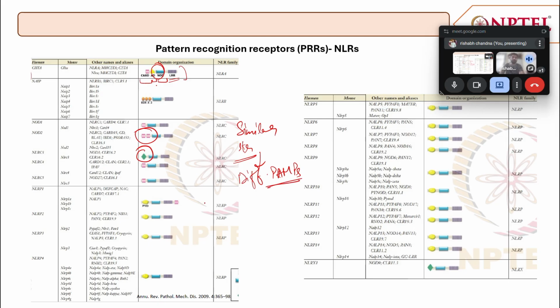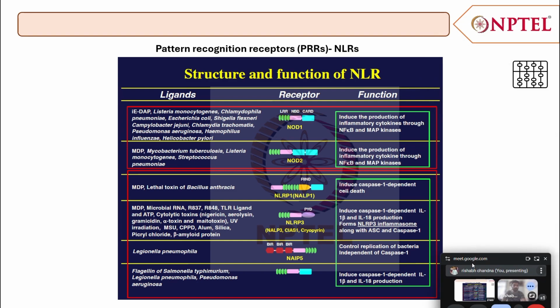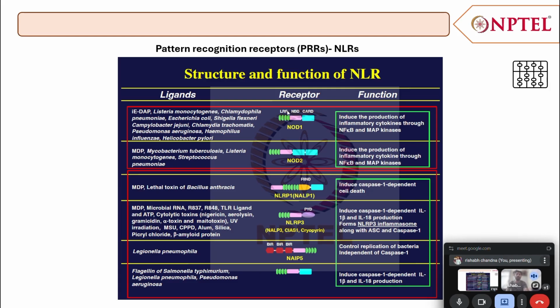Okay, so let's move on to the major structures of the major NLRs. For example, these are NOD1 and NOD2, then NLRP1, NLRP3, and NAIP5.